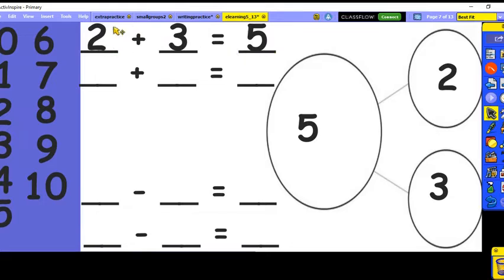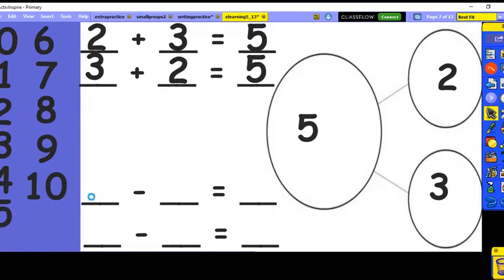Now let's do the related fact. We're going to change the order of the addends. Instead of 2 plus 3 equals 5, we're going to change the order and do 3 plus 2 equals 5. Now let's do our subtraction sentences.